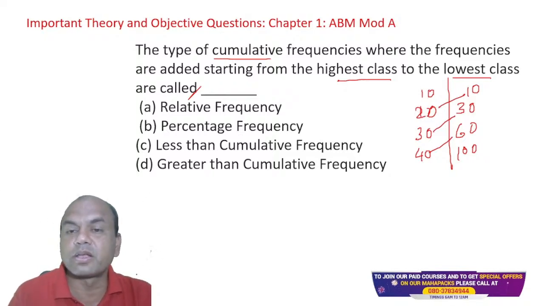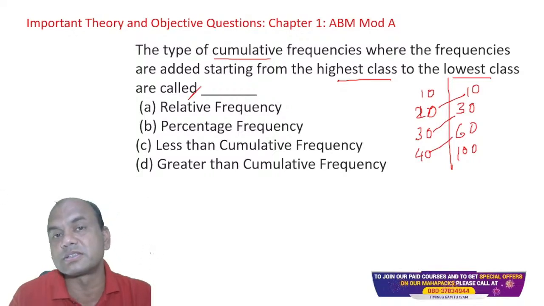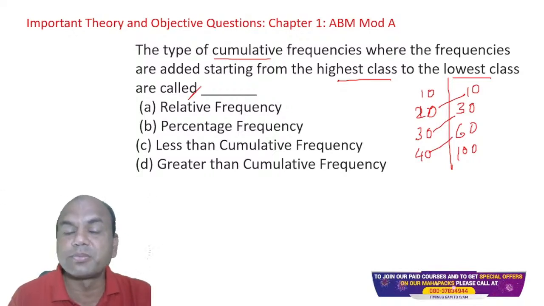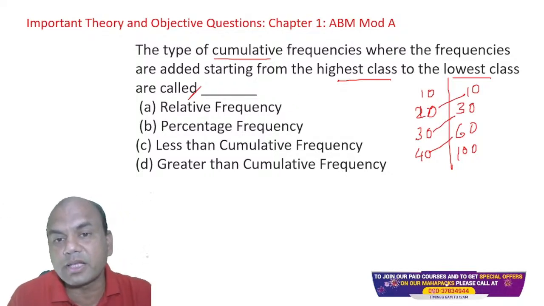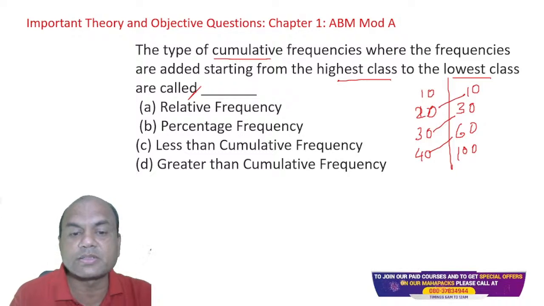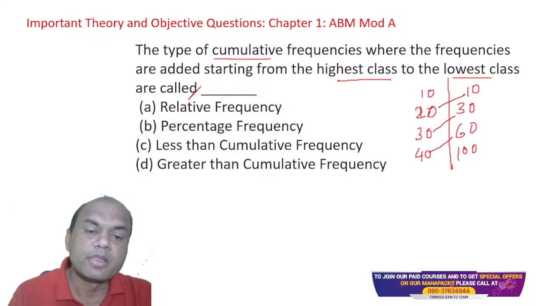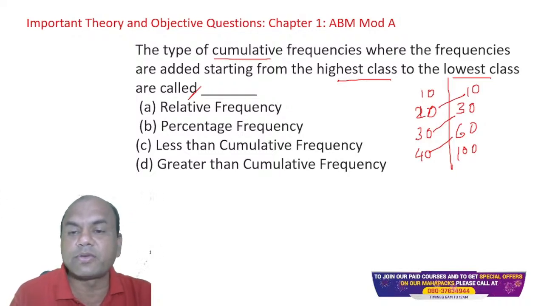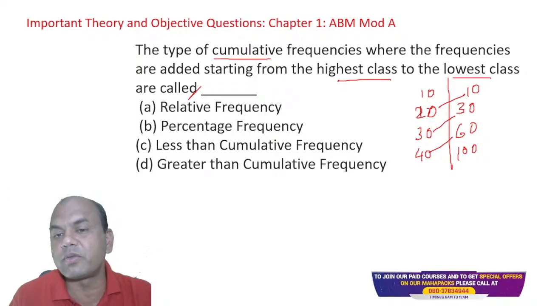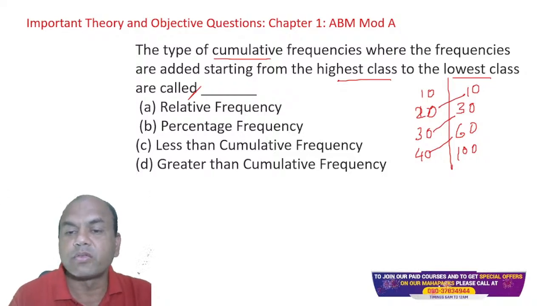The question over here is when the frequencies are added from the highest class to the lowest class. Highest to the lowest means what? What do you mean by the class? Suppose I am having these numbers only, 10, 20, 30, 40. Now what will I do? I'll divide these numbers in classes.